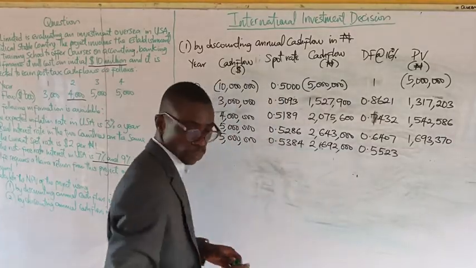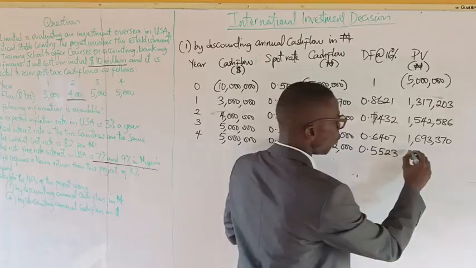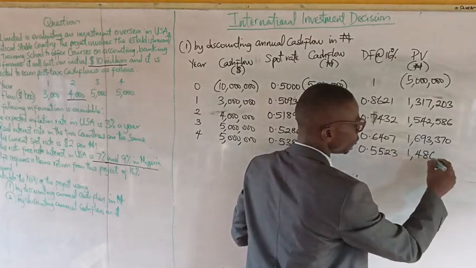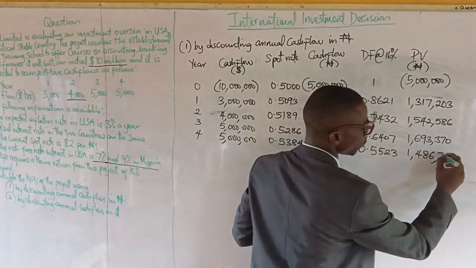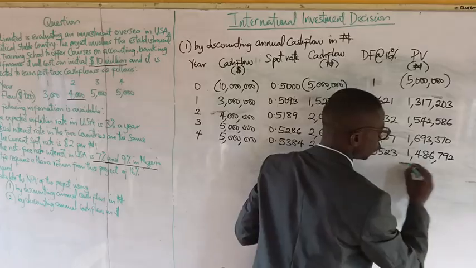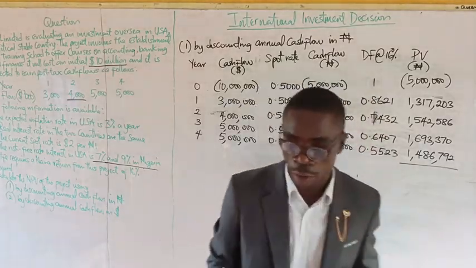Now for year 4, it is 1,486,792. So let's calculate the NPV now in naira.